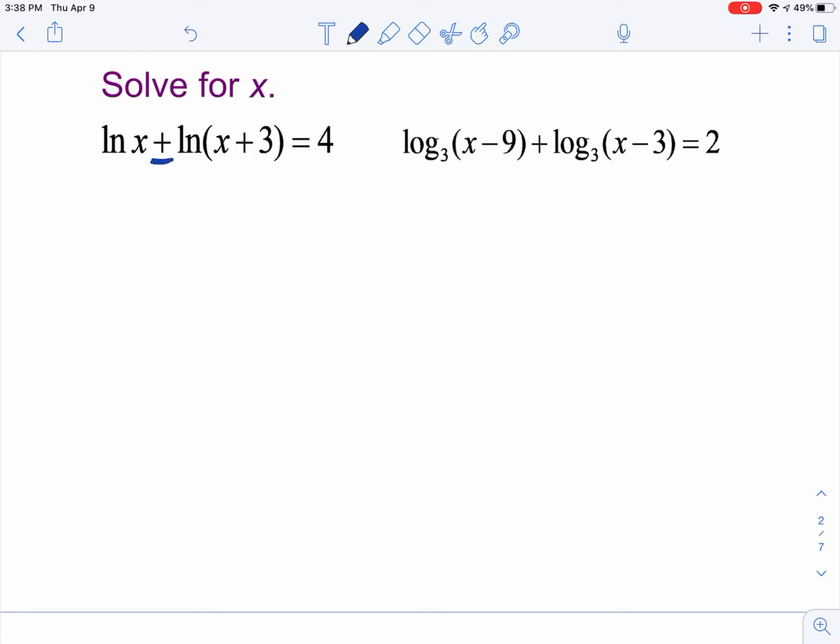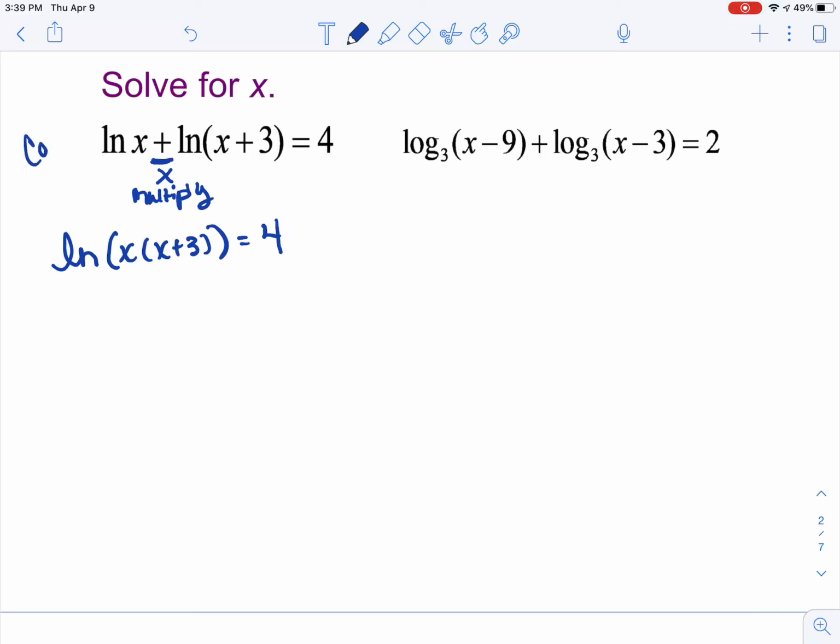Since there's an addition sign here, that means that we are going to multiply. So this one's going to be the natural log of x times x plus 3 equals 4.